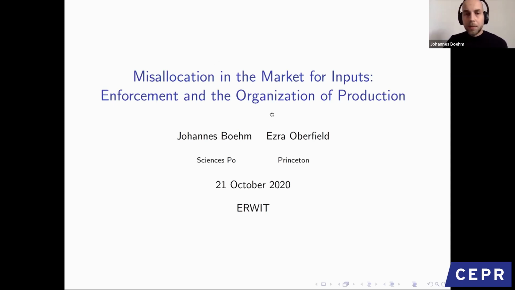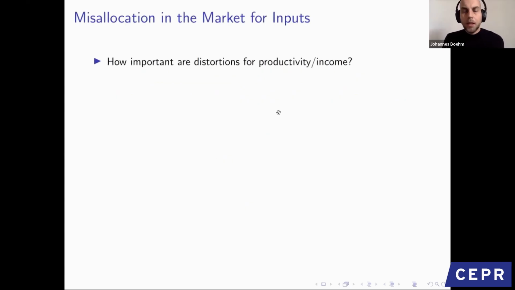This is a paper about misallocation, but I hope that there's a lot in there, in particular structurally, that can be used to study international trade. As you know very well, there is a large literature that tries to understand whether the misallocation of the factors of production is important for driving income and productivity differences across countries.